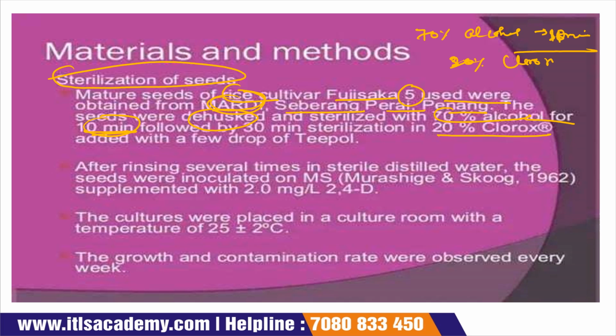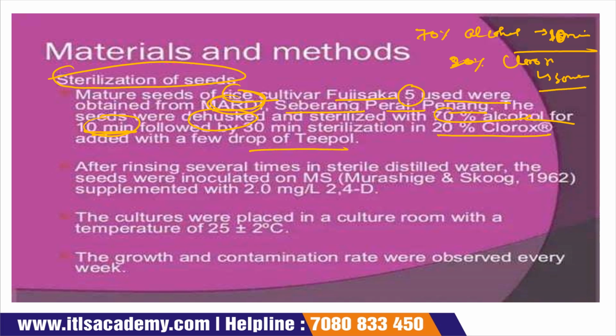Alcohol is for a 10-minute sterilization, and when we use 20% Clorox, it should be for 30 minutes with a few drops of Tipol.